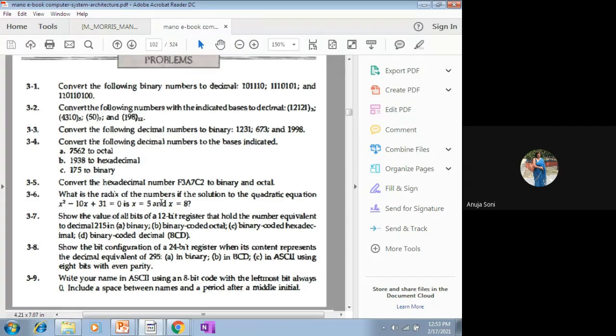If you are given a solution, then you can multiply their factors in order to obtain the same equation. In mathematics we generally make use of that. If x is equal to 5 is a solution, what will be its factor? x minus 5 is equal to 0. What will be another factor? x minus 8 is equal to 0. So x minus 8 will be another factor.